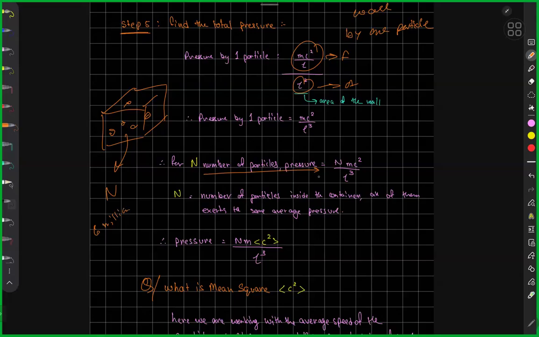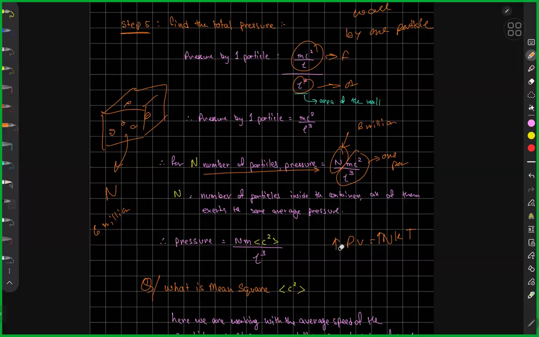So I simply multiply this pressure of one particle with n number of particles, in my case, 6 billion particles. So what does that do? It increases the pressure inside the box. Remember, PV is equal to nRT, or PV is equal to nKT. If I increase the number of particles, what do you think would happen to pressure? Pressure increases, right?